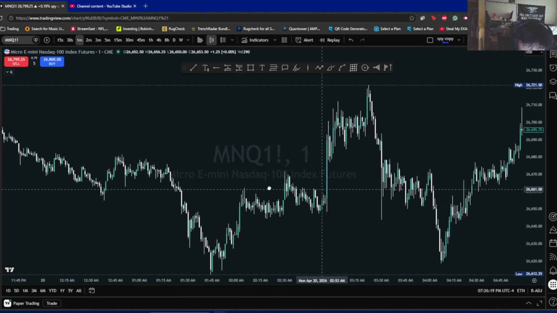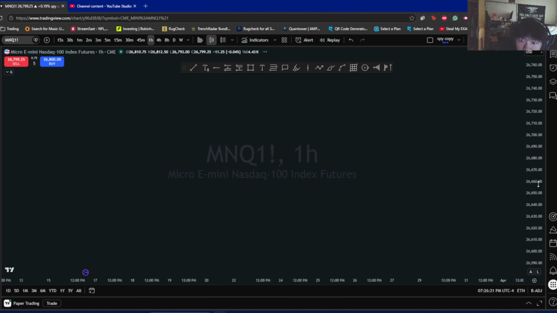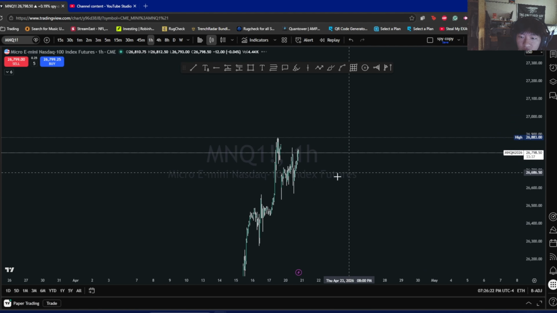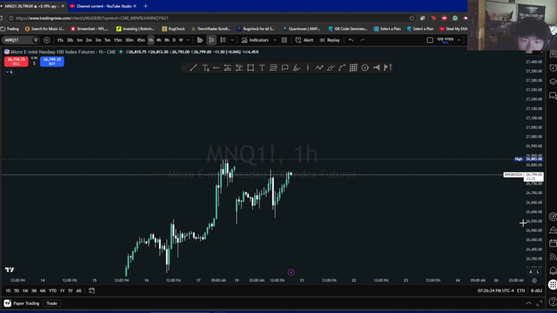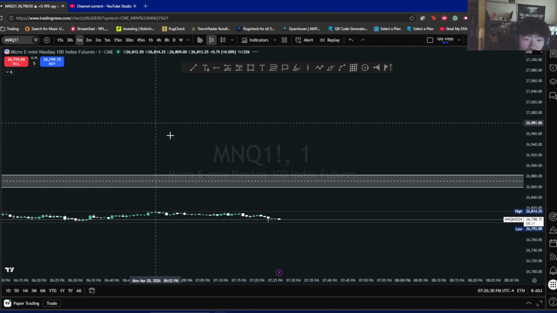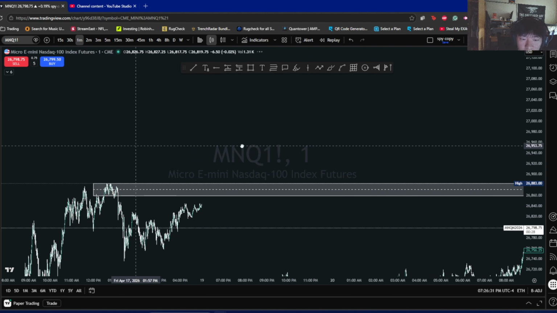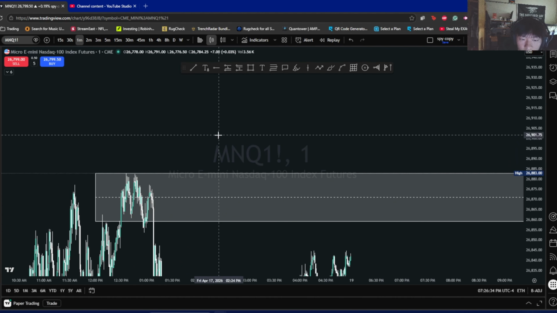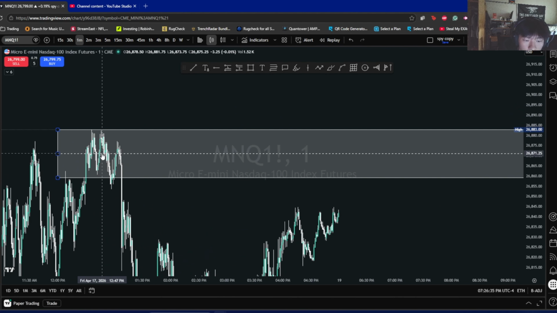Okay, so that is pretty much all I got. You can work this on every single time frame. So let's say, for example, we have a 1 hour rejection block right here, and we want to scroll down to the 1 minute time frame. On this 1 minute time frame, we see this rejection block ends right here, right?